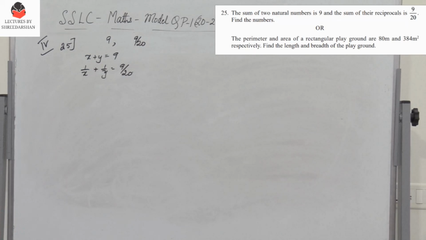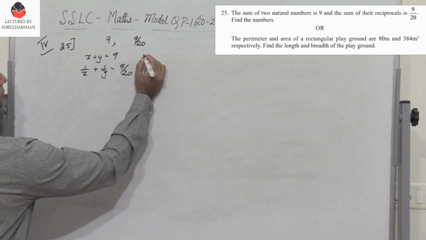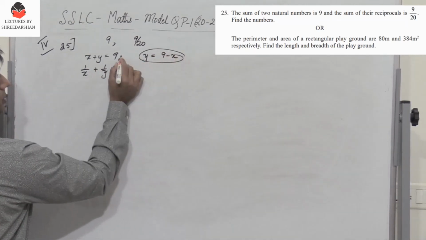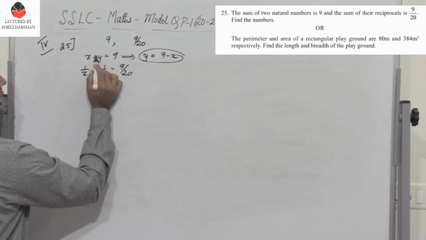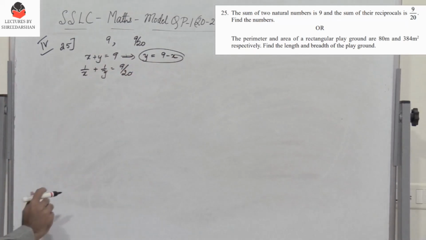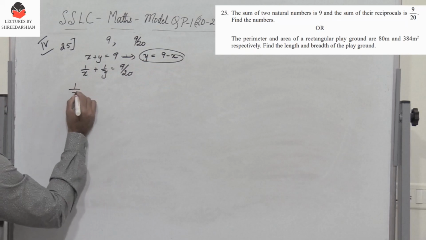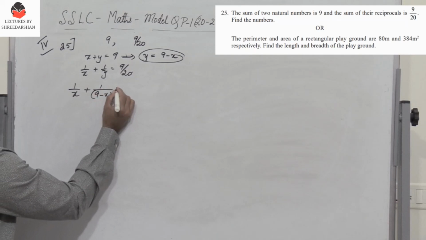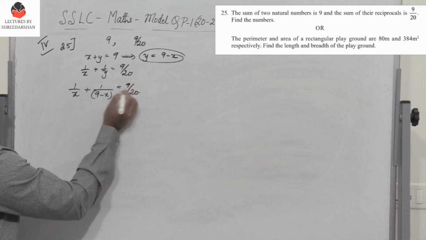Alright, so what has to be done? So the easiest way is, let me substitute y equals 9 minus x. So from this equation I have y equals 9 minus x. So let me substitute this here. Alright. So I have 1 by x plus 1 divided by 9 minus x equals 9 by 20.